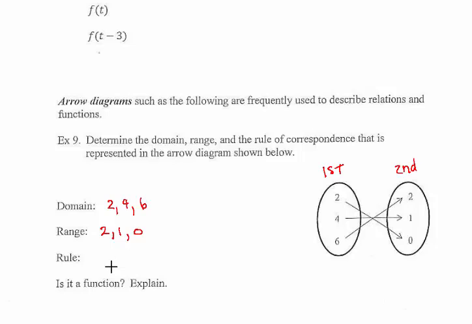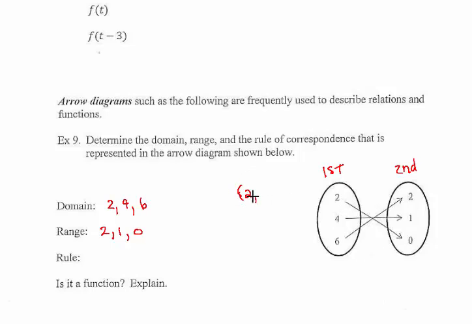And is there a rule? To figure that out, we have to figure out which number is assigned to which, and that's usually a lot easier to see if we rewrite this arrow diagram in terms of ordered pairs.